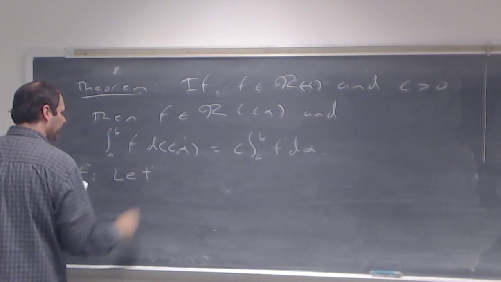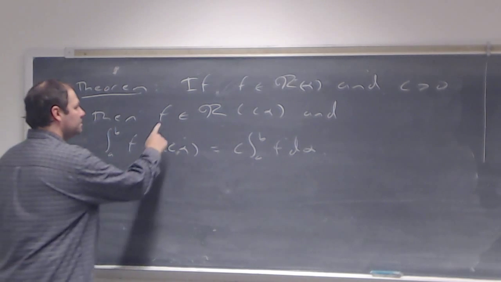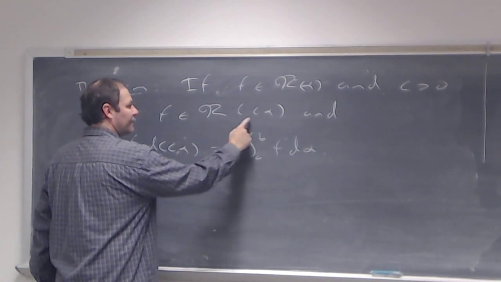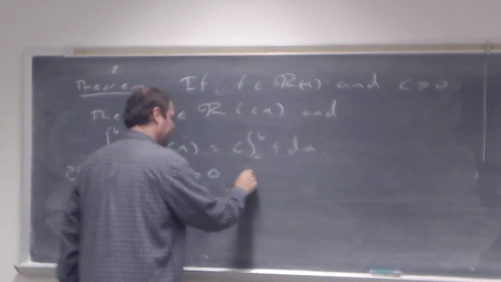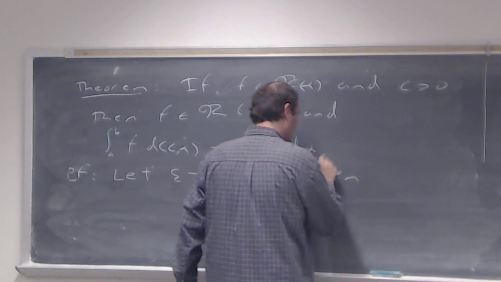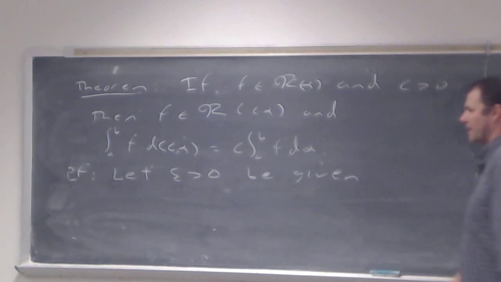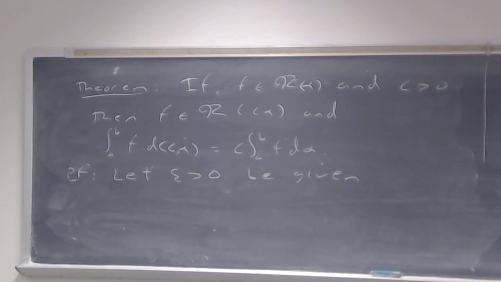Again, we're going to use that important theorem to establish integrability of f with respect to c times alpha. That is, we're going to let epsilon be greater than 0 be given, and we'll be searching for some partition such that the upper sum of that partition minus the lower sum of that partition is less than epsilon.